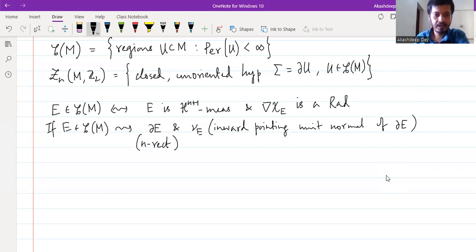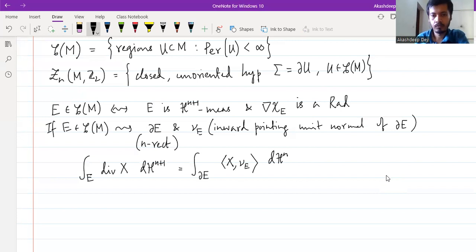We have boundary of E and nu_E such that we have the following equality. So integral over E of divergence X dH^(n+1), the n plus 1 dimensional Hausdorff measure, is equal to integral over boundary of E of (X, nu_E) dH^n, the n-dimensional Hausdorff measure.